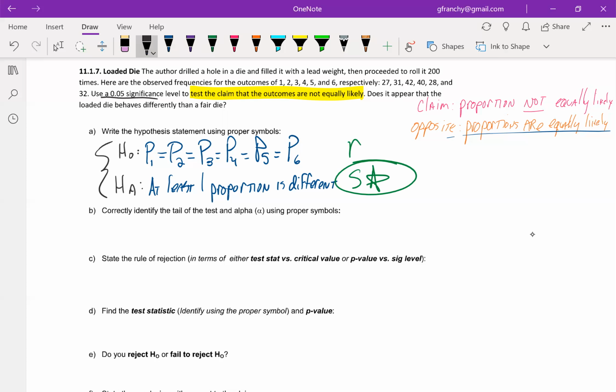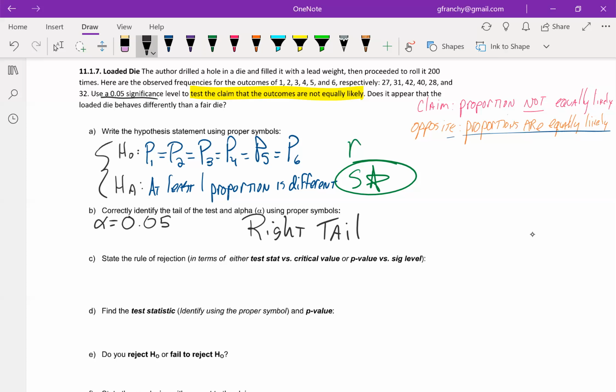Our significance level is alpha here, 0.05. What I have in the instructions right now, I'm still asking you to identify the tail of the test, mostly because I want you to keep saying that this is a right tail test, and you go through it a couple times, right tail, right tail, right tail, then it sticks in your head that this is always going to be a right tail test.